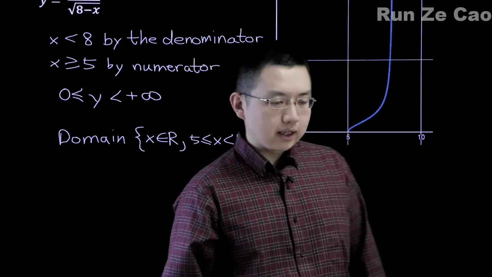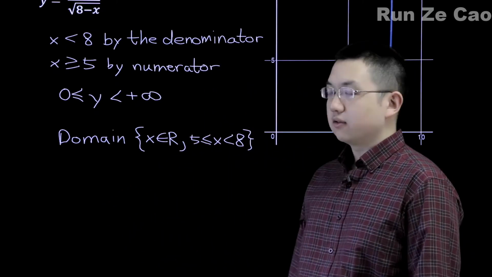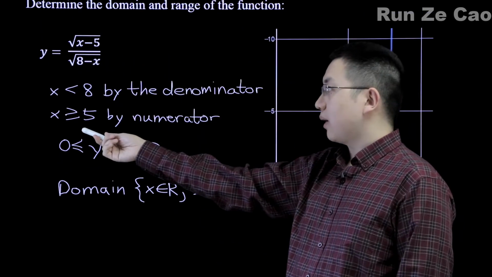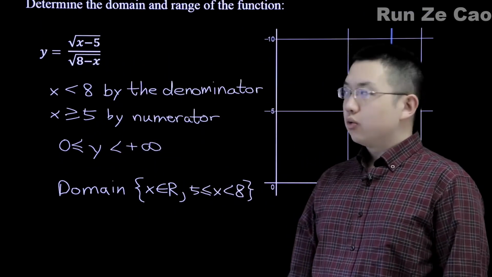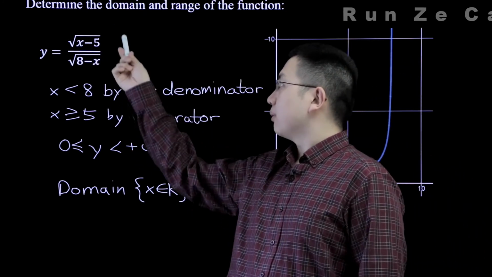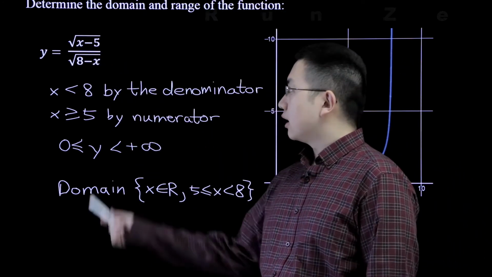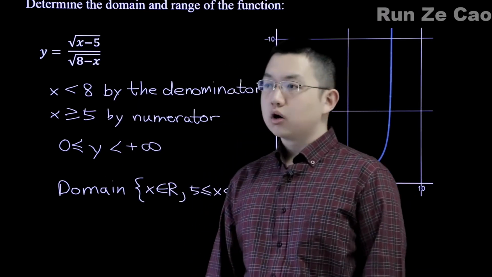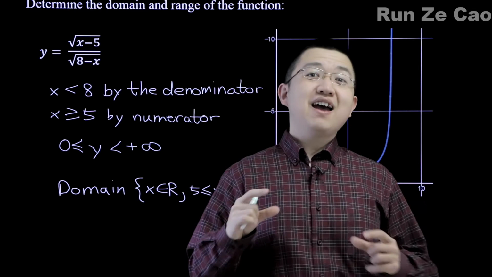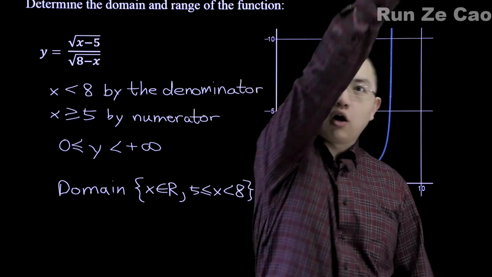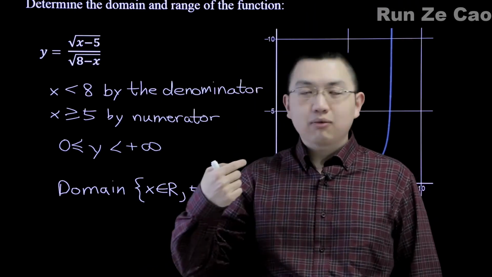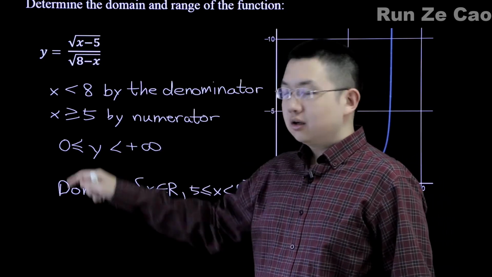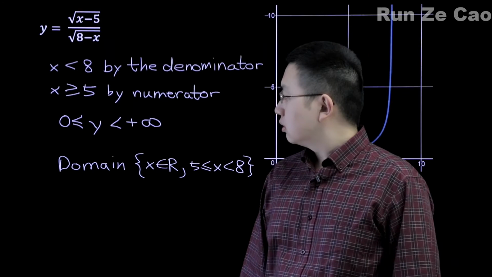We know that the range is going to be from 0 to positive infinity, because as we creep x upward from 5, we end up with increasingly positive on top and decreasingly positive on the bottom. What does that do? We're dividing an ever bigger number by ever smaller numbers. Of course we're going all the way up. We don't make any downturns. That's why we can state right here that this is our range.